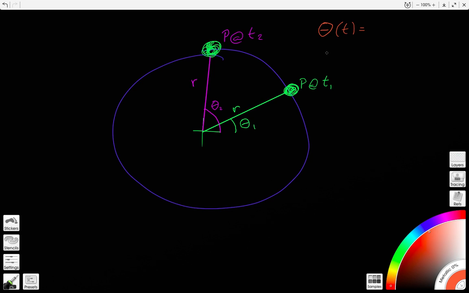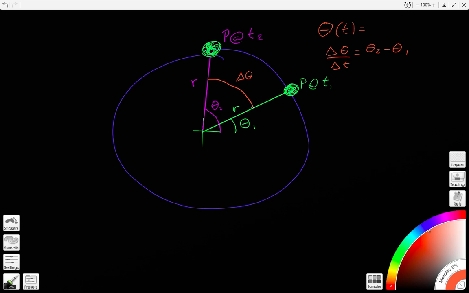If we want the velocity, my change in position over my change in time, this angle would be my change in position. So this angle is theta 2, final position, minus initial position.